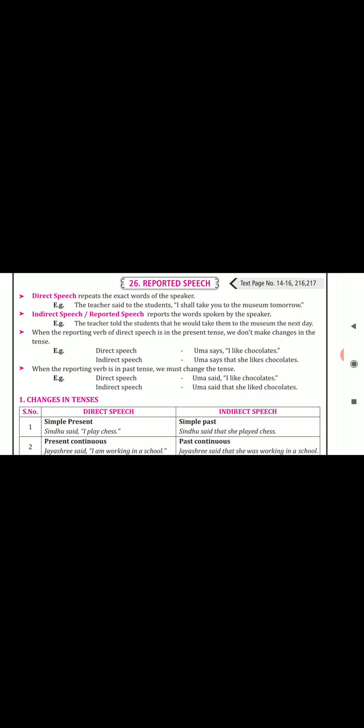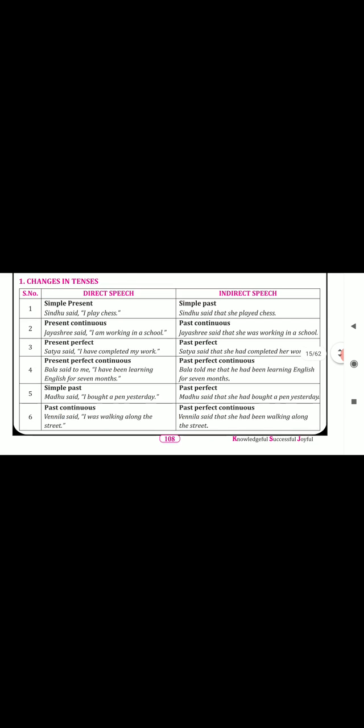Okay, next, changes in tenses. From direct to indirect, simple present tense becomes simple past. Let us see the example, Sindh said, I play chess.